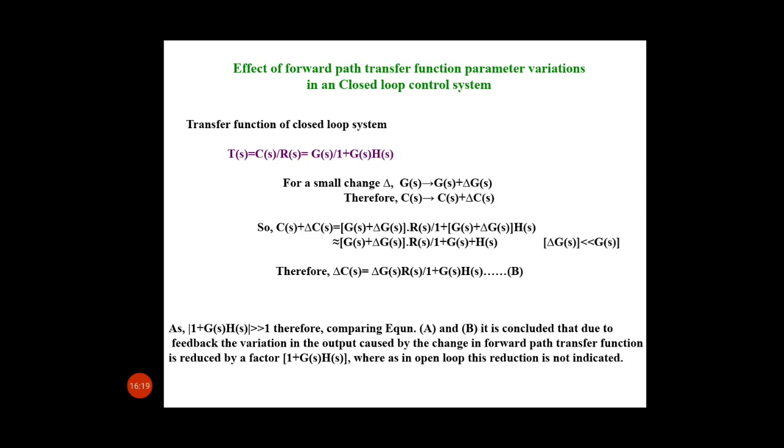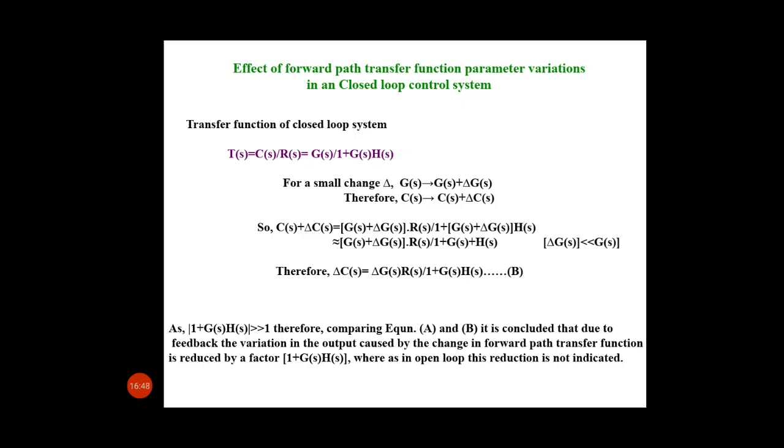That is, if you give positive feedback, G(s)H(s) value is negative, then the overall gain is going to increase. So when the G(s)H(s) value is negative, the overall gain increases, and when the G(s)H(s) value is positive, the overall gain decreases.